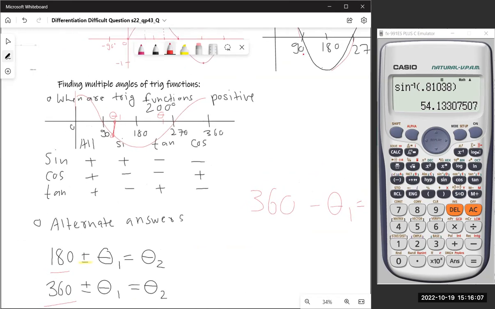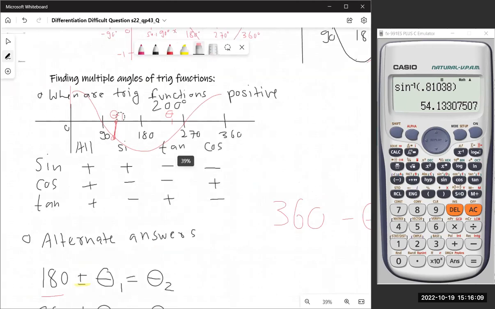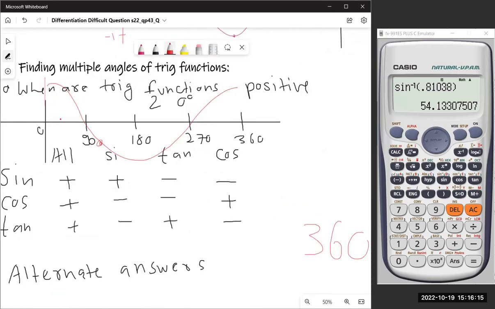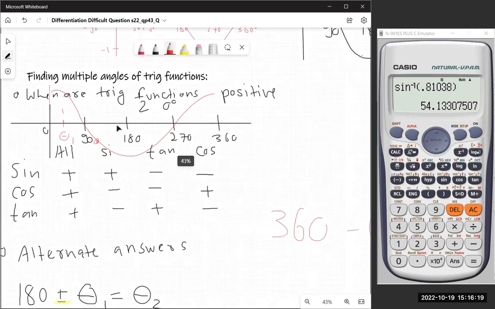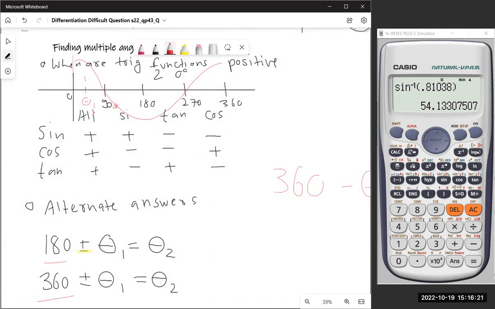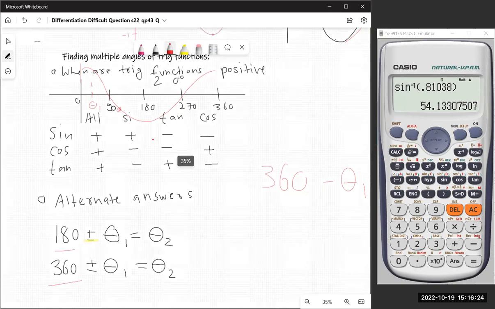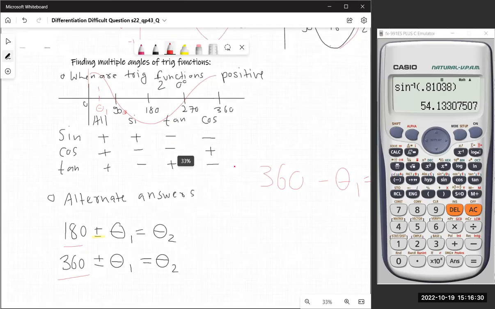Okay, if I give you one more option, let's say the second option is this one. Your answer is right here, theta 1. How do I find the other option? You add plus 360.